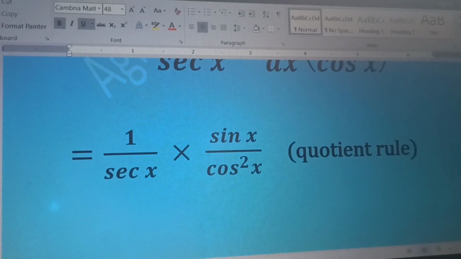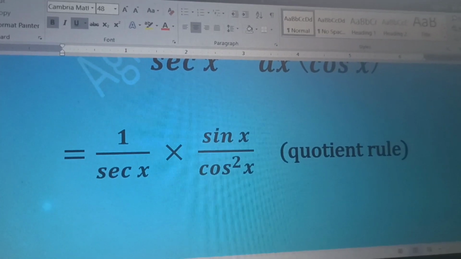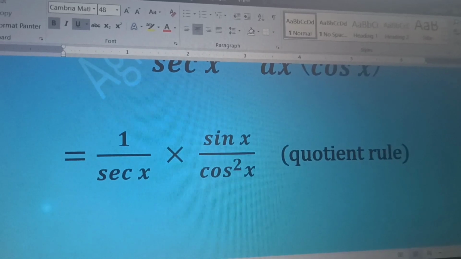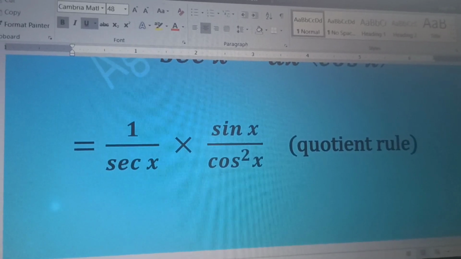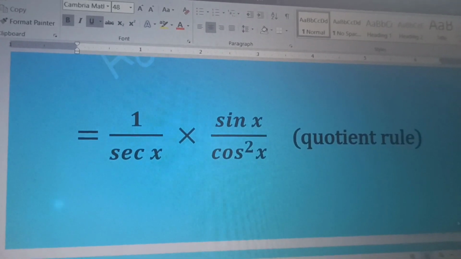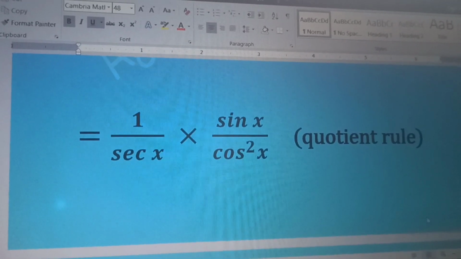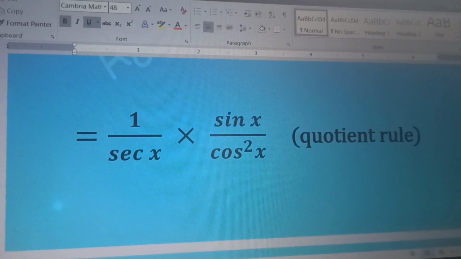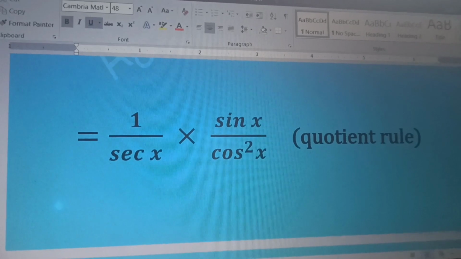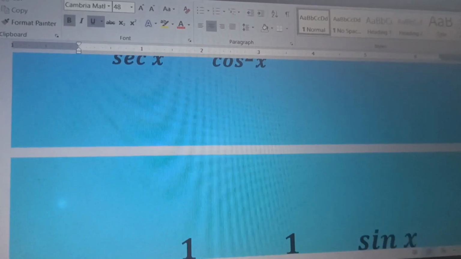So if we use the quotient rule to differentiate 1 over cos x, we will obtain sine x over cos square x, and then our derivative will be equal to 1 over sec x multiplied by sine x over cos square x.